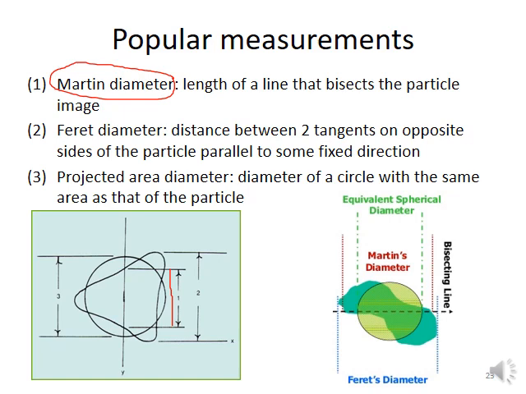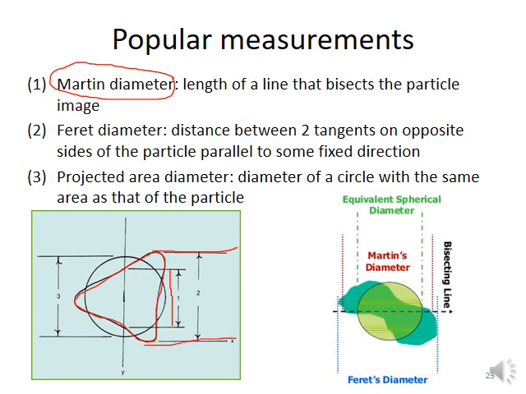Feret's diameter is the distance between 2 tangents on opposite sides of a particle, parallel to some fixed direction. Let's assume this is the shape of the particle, and these are the 2 tangents that are opposite to each other.